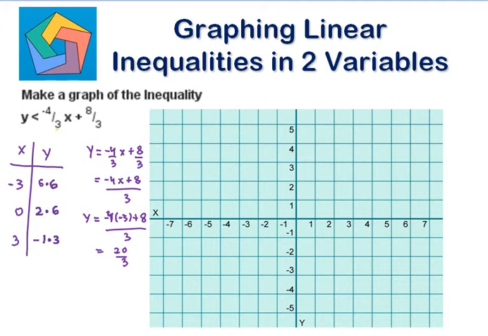So let's plot the points. Minus 3, 6.6, somewhere here. 0, 2.6 here. 3, minus 1.3 somewhere here. So let's join this as a dotted line.